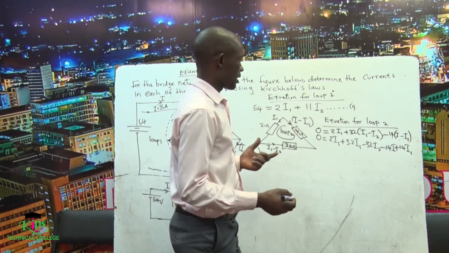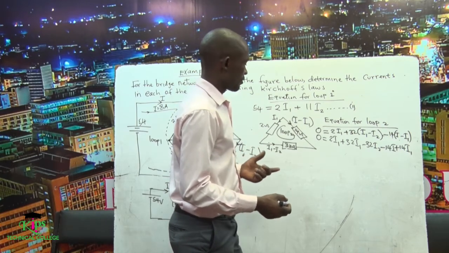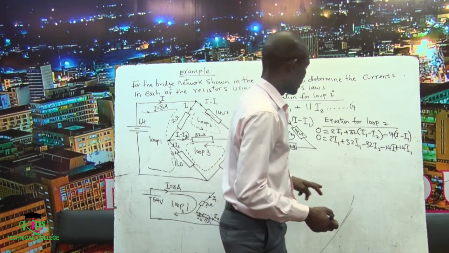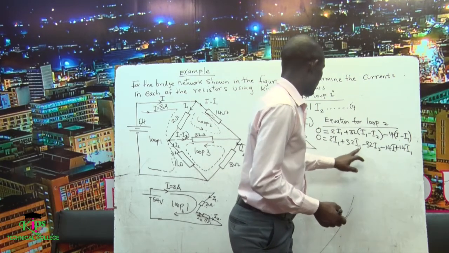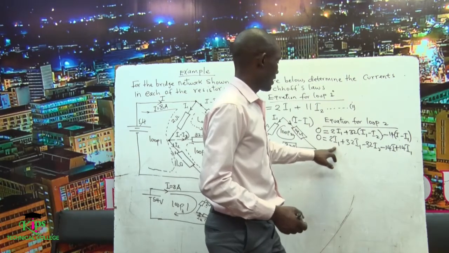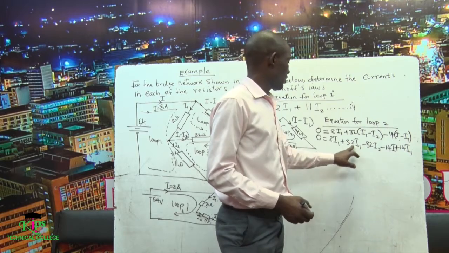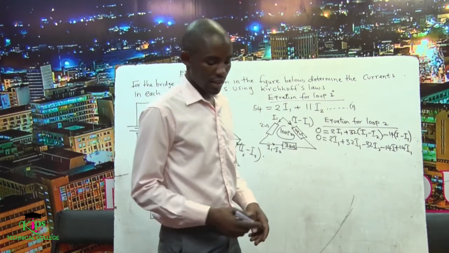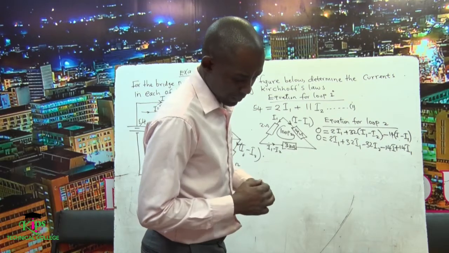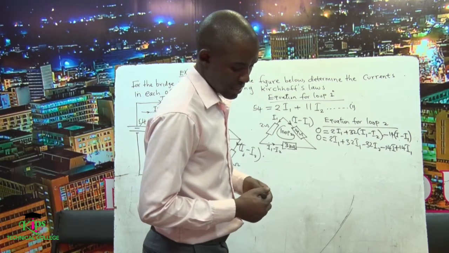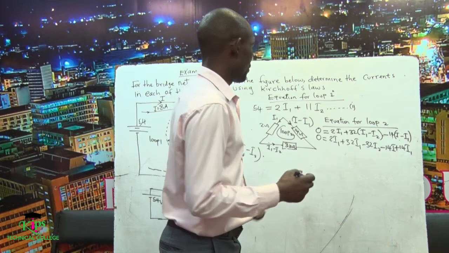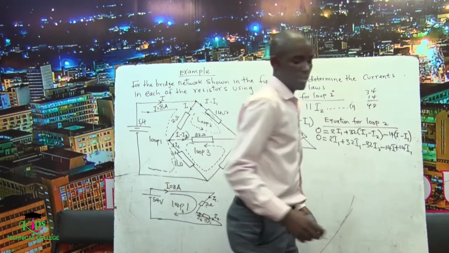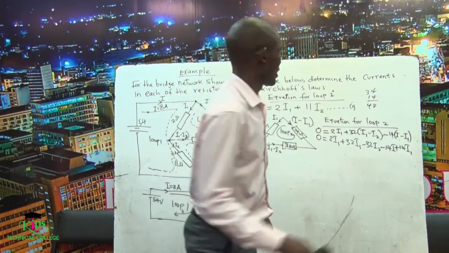Let us now look around and see what is cancelling for simplification purposes. You can see we have I1 here, and we have I1 there. So this is 34 plus 14. 34 plus 14, you will get 48.